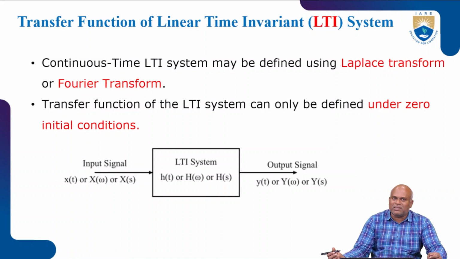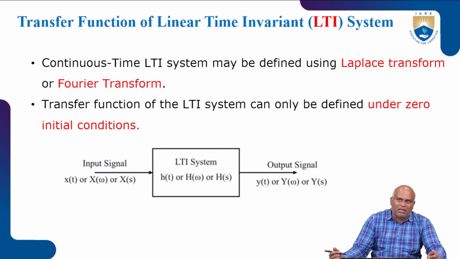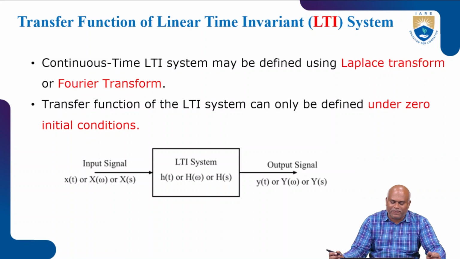The present response is that for a given input it produces the same kind of output, which is represented as the time invariant case. So based on that, we are going to study the transfer function of linear time invariant system under zero initial condition only.